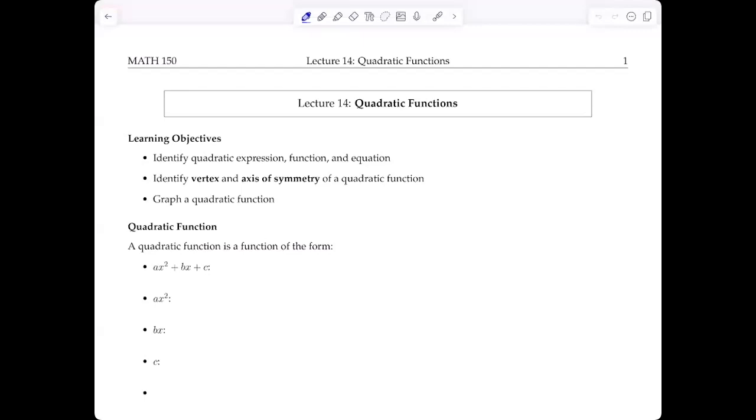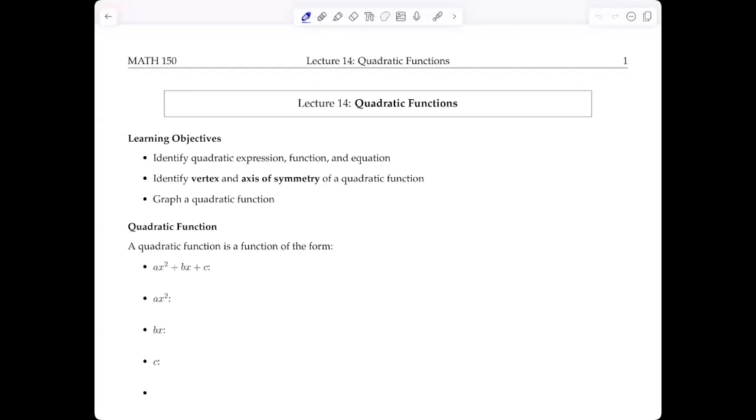And you're going to see a lot of this application in physics. If you take general physics one anywhere in the world, you could probably see this motion, and this can be described using the quadratic equation, quadratic function.